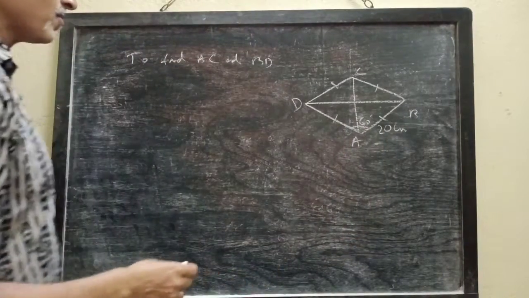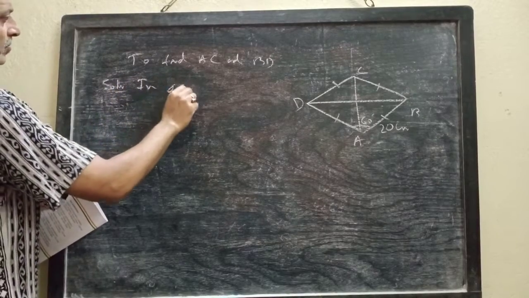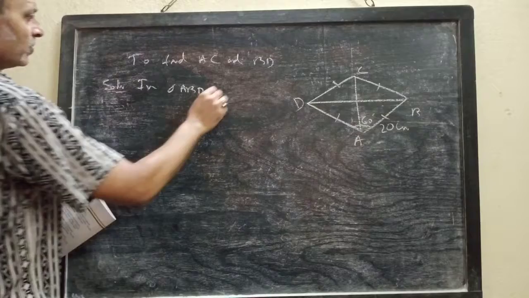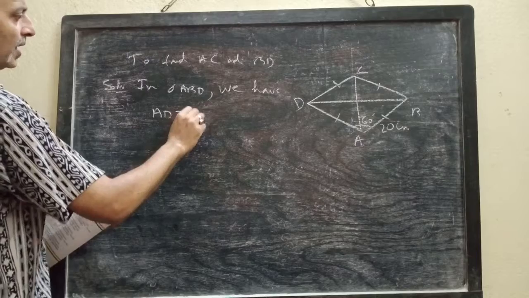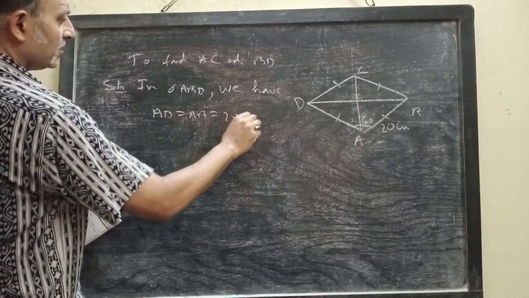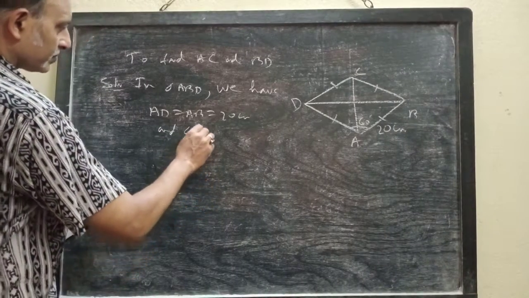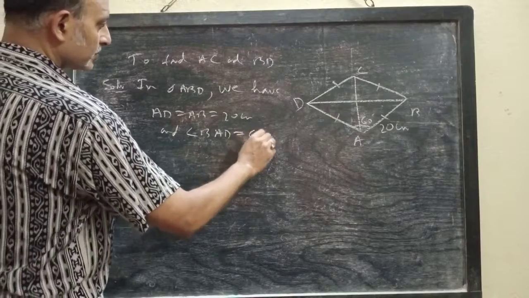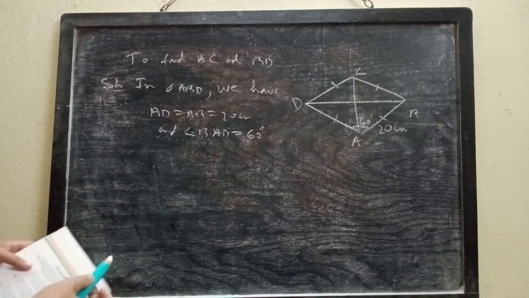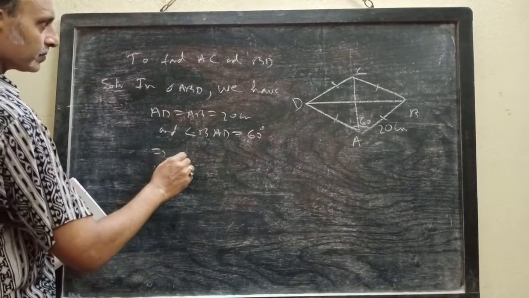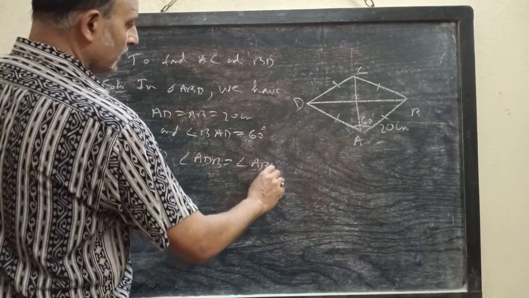So in triangle ABD, solution. In triangle ABD, we have AB equals 20 centimeters and angle BAD is 60 degrees. Therefore, angle ADB equals angle ABD.